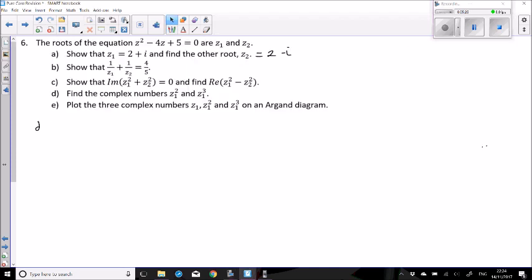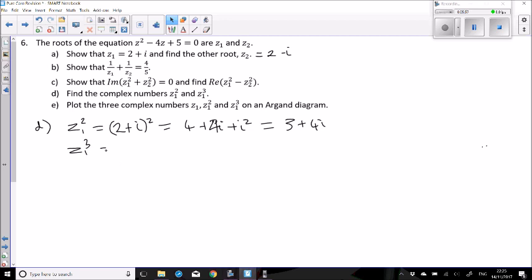Okay, D, we're actually doing something we've already done before. It wants z1 squared, which possibly we worked out in one of the other questions. But let's just check. So z1 squared, 4 plus 2i plus 2i, so plus 4i plus i squared, which is going to give us 4 minus 1, 3 plus 4i.